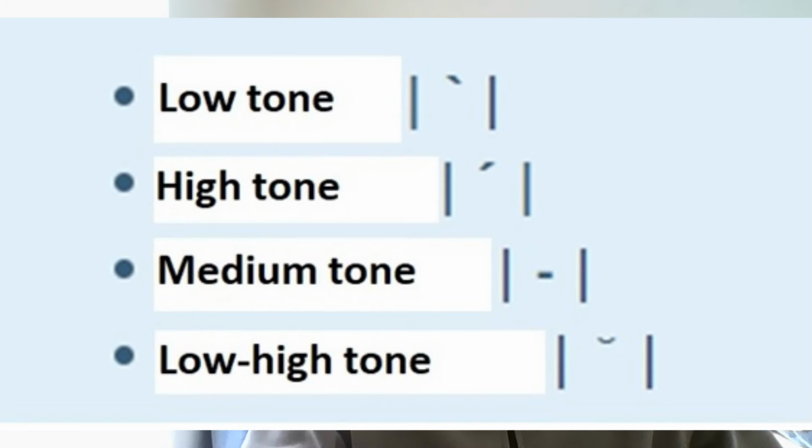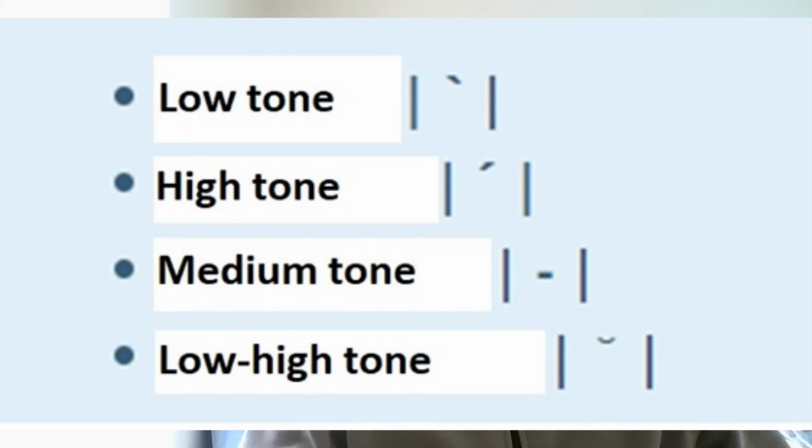The first one is a low tone. You can see it on the screen. The second one is a high tone. The third one is a medium tone, and the fourth one is a low-high tone. So when you are speaking, you need to use these tones to mean what you want to say.